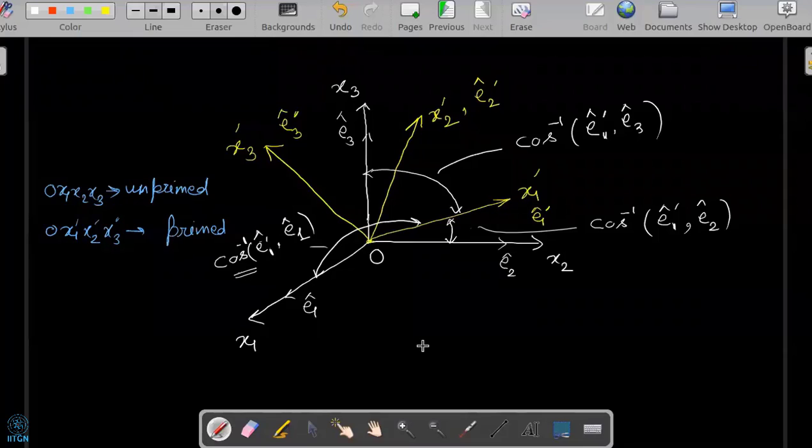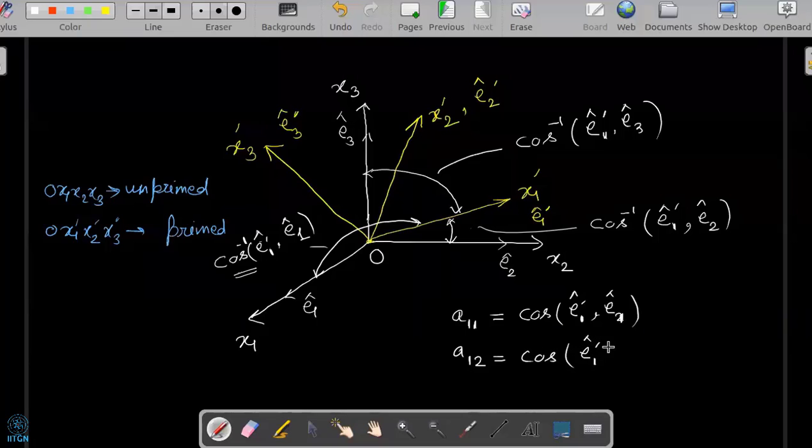Let's say A11, the directional cosine, is defined as cos of the angle between E1 dash and E1. A12 is the cos of the angle between the rotated axis E1 dash and E2.